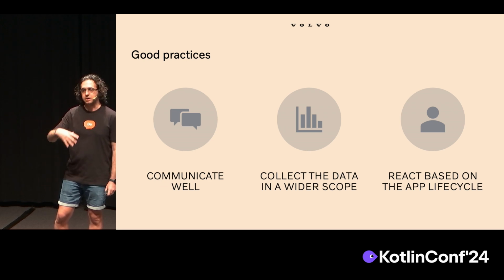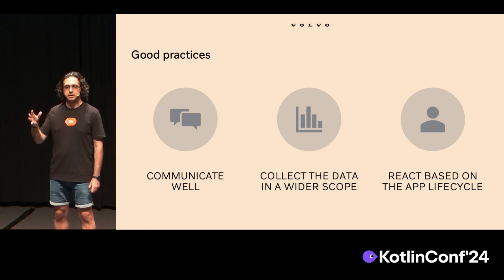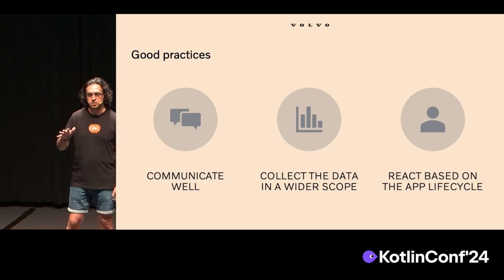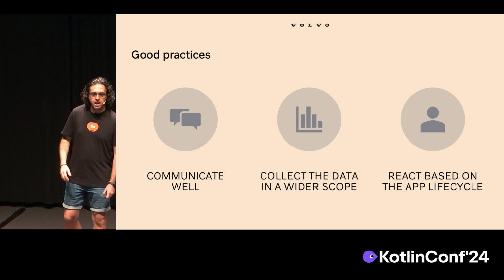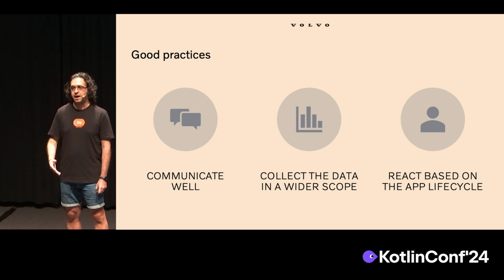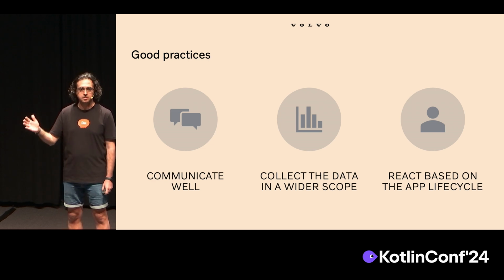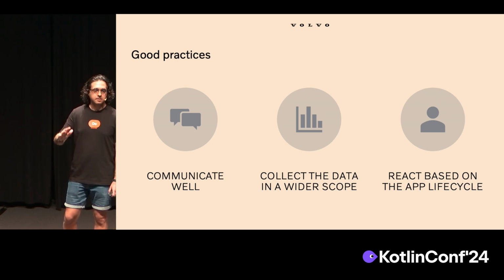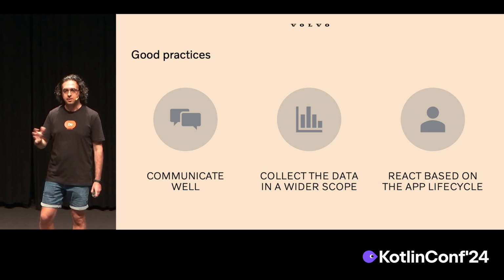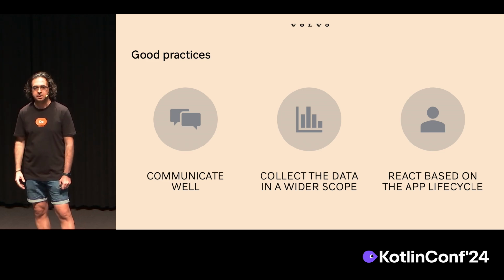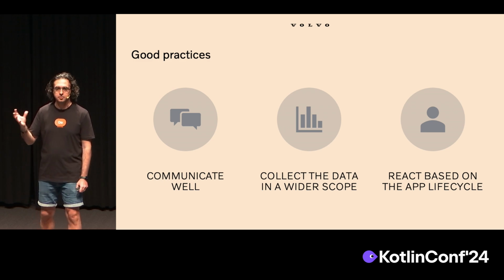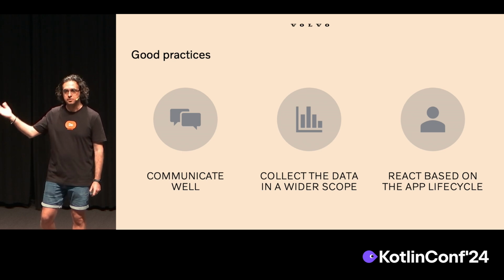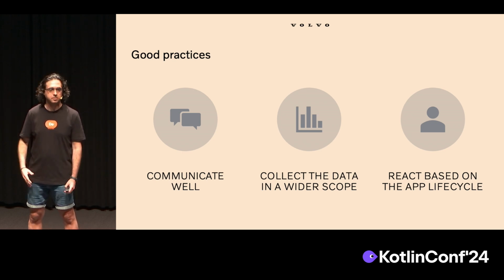And we can keep observing the data no matter if we are on a screen or in a view model scope or not. But that demands some maintenance, so you need to take care of the coroutine scope by yourself. So perhaps when the app goes to the background, you need to stop or cancel the jobs under that coroutine scope or stuff like that. And there are a lot of good practices regarding how you can handle coroutine scope. But those good practices could be applied here, because as I said, since the channel is open, we can also keep the observation long running in the application.